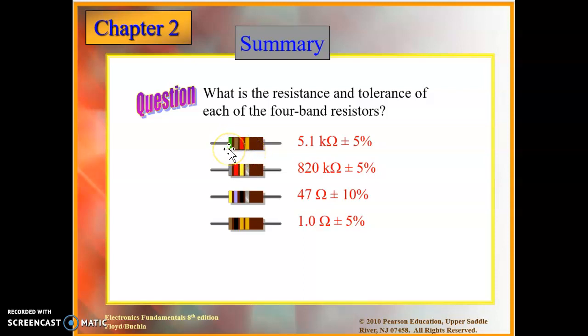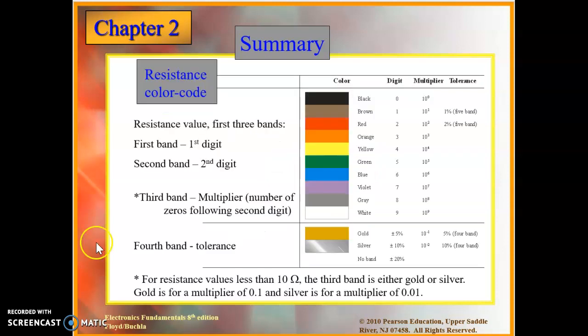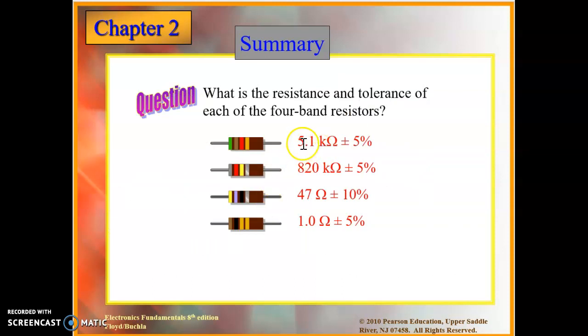From the previous chart, green is 5, brown is 1, and red is 2, so we have 5100. They are using the engineering prefixes to write it as 5.1 kilo, and then they use the uppercase omega to represent ohms. So this is very important.